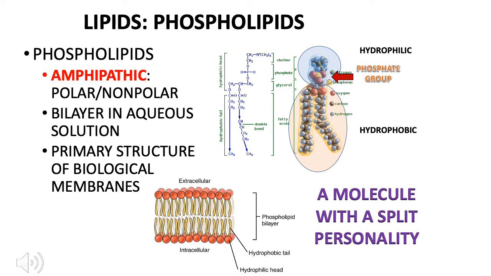It is amphipathic, and it has a very specific behavior in water, in aqueous solution, that lends itself very well to be the primary structure of biological membranes. Cell membranes, nuclear membranes, mitochondrial membranes, chloroplast membranes, every single type of membrane you find in any cell on the face of the planet, and there's lots of them, phospholipids are the number one structural component.